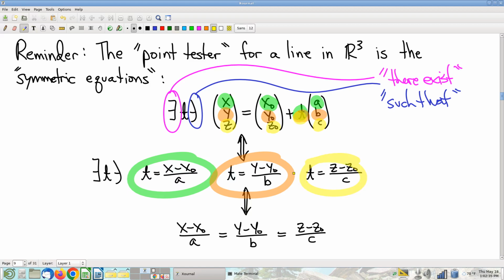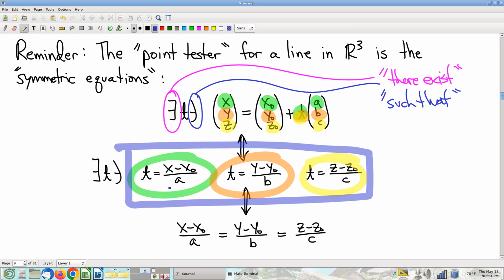So looking at one coordinate at a time, the ridiculous test, hey, is there a value of t that generates the point in question, turns into, is there a value of t, color choices, that is simultaneously equal to all three of these things?